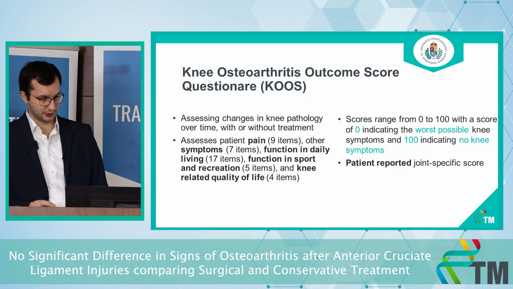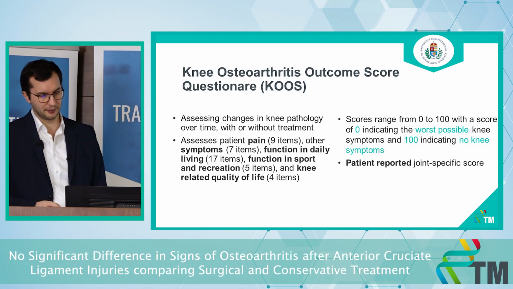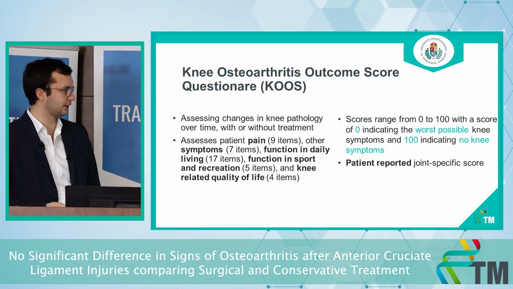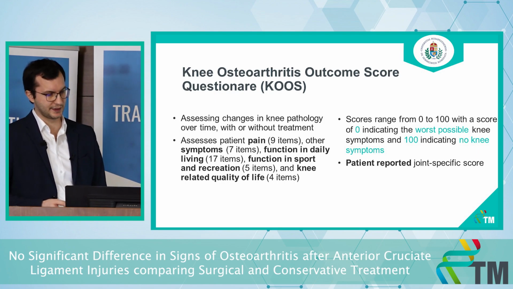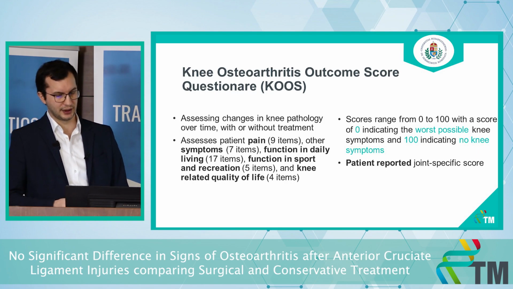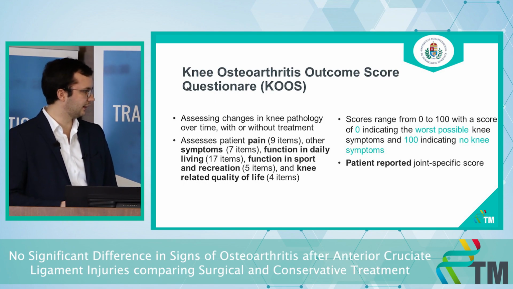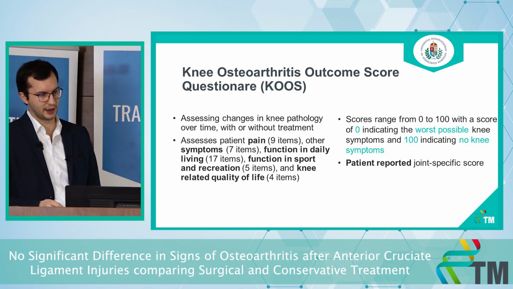Some words about the Knee Osteoarthritis Outcome Score. This was the only outcome score which we could synthesize. It is a patient-reported joint-specific score which assesses a patient in 5 scales. 0 indicates the worst possible, and 100 indicating the best possible scenario for the patient.